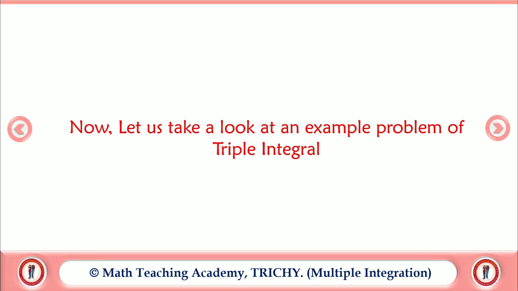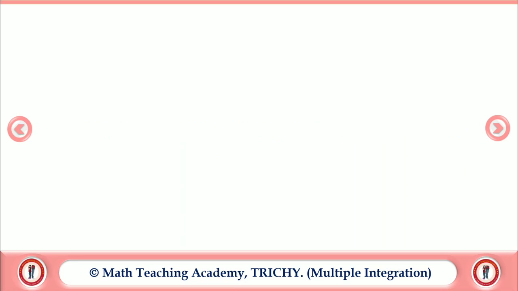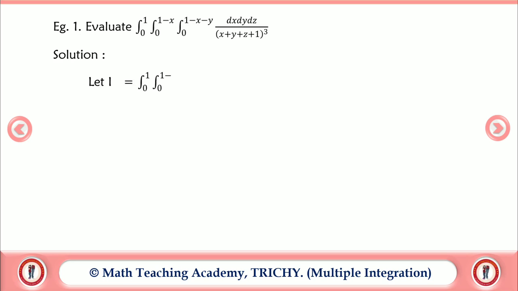Now let's take a look at an example problem of triple integral. Evaluate integral over 0 to 1, integral over 0 to 1 minus x, integral over 0 to 1 minus x minus y, dx dy dz divided by x plus y plus z plus 1 whole cube. Let us take I be the given integral.